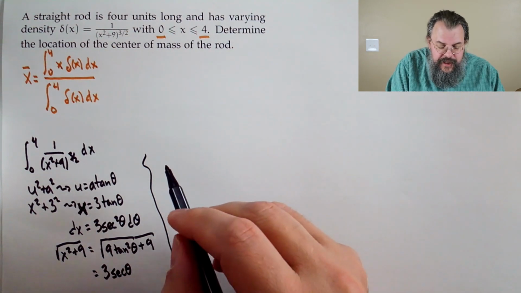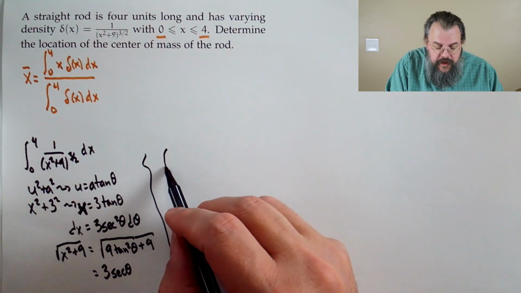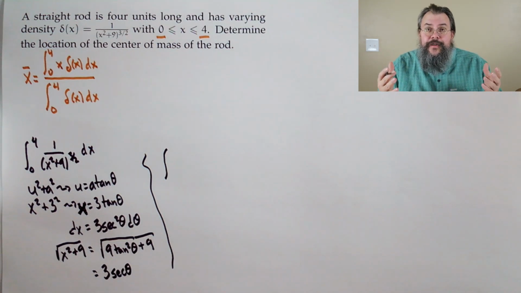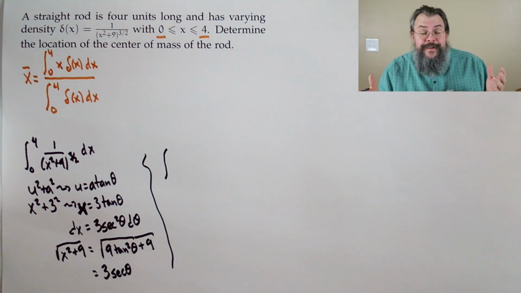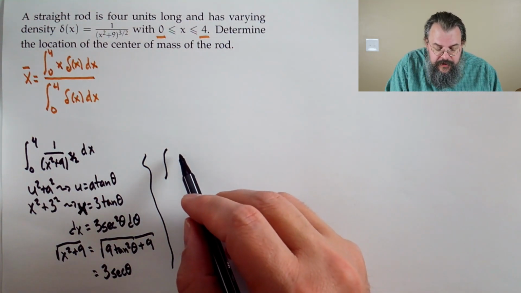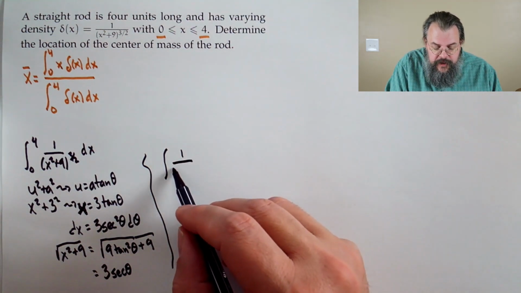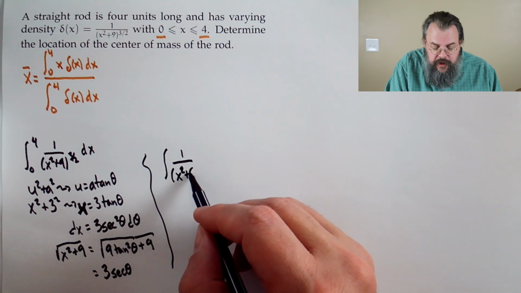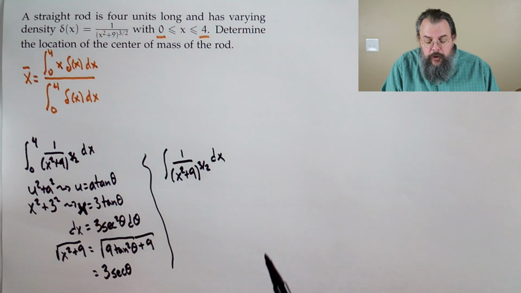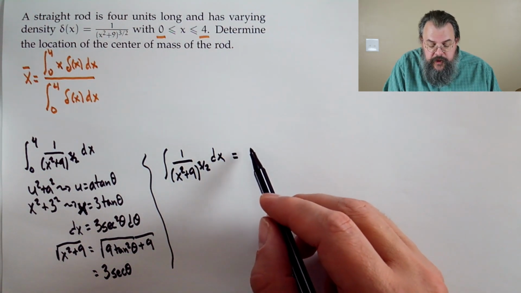So let's just do the indefinite integral, because that's always a choice. When you have a definite integral, you can always say, look, let me do the indefinite integral, and then I'll figure out the bounds at the end. So the indefinite integral, 1 over x squared plus 9 to the 3/2 power dx. What would that become?